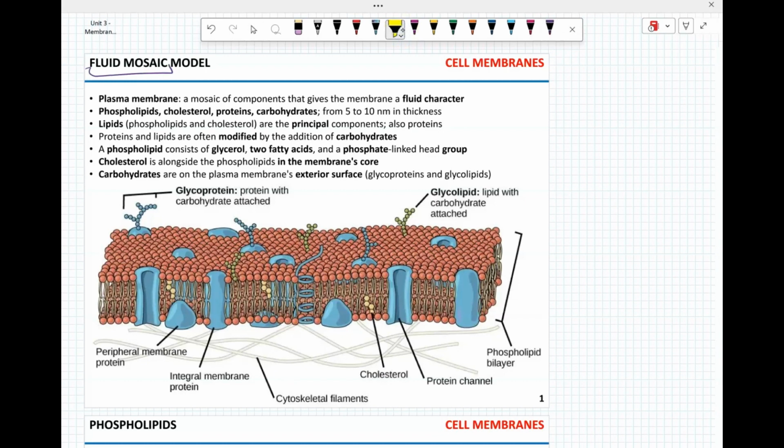What does that mean? It means that in the fluid mosaic model, the components of the membrane, such as phospholipids, cholesterol, proteins, or carbohydrates, can move laterally within the membrane. That mosaic doesn't mean that the membrane can be dissolved in the extracellular or intracellular fluid.